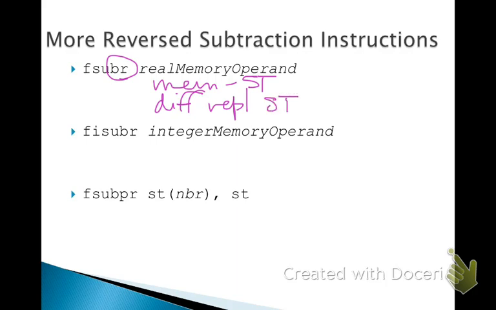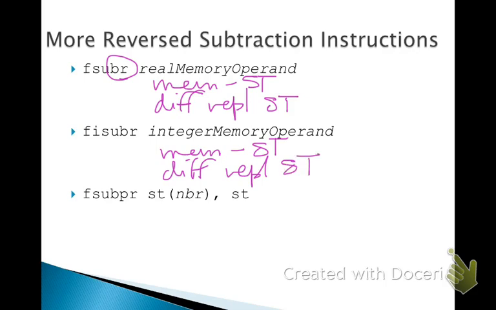Okay. In this case, integer subtract, reversing is going to be that integer value in memory promoted to an extended double minus stack top, and the difference here replaces stack top again.